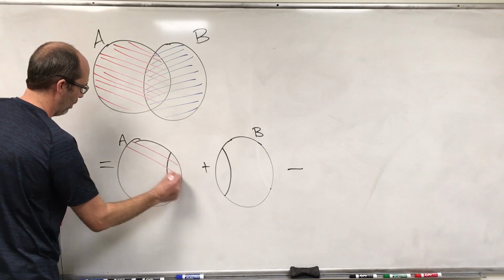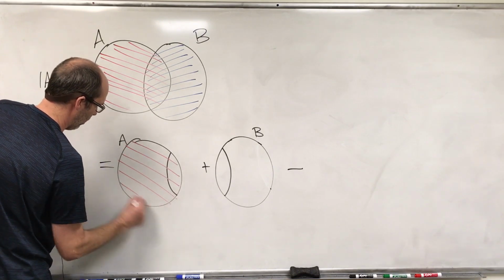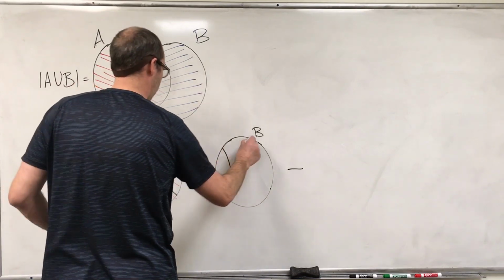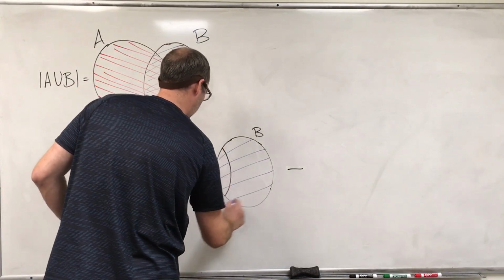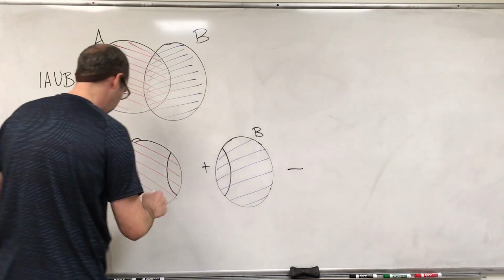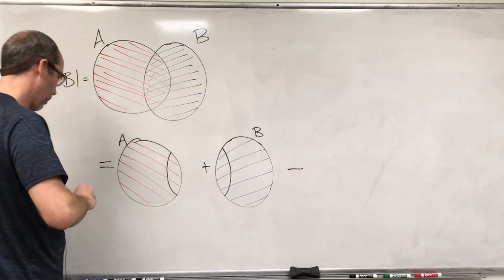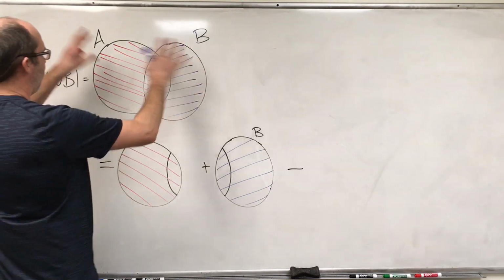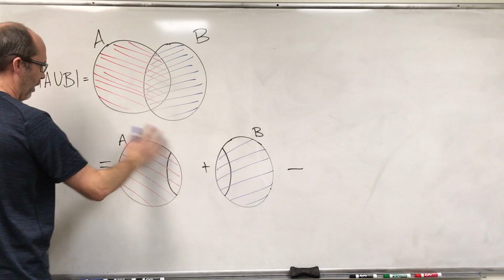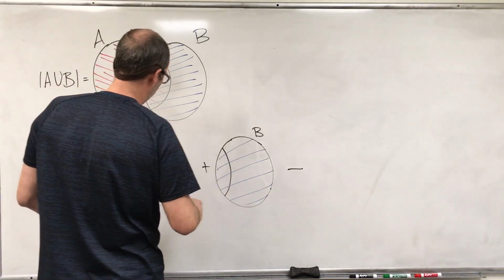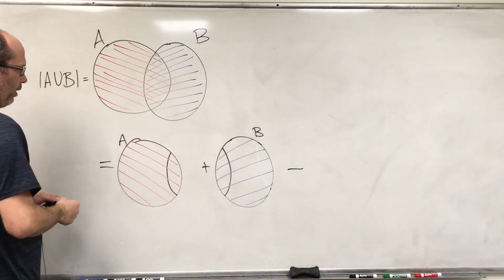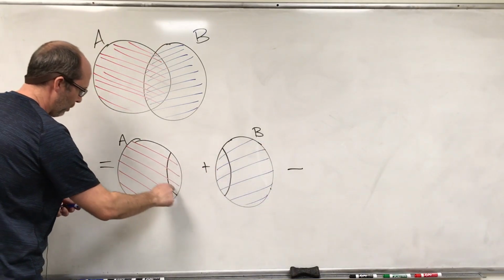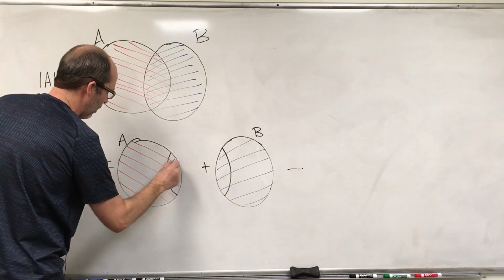How much space do we have here? We have all this space. If we were to count all this space and all this space, we'd be counting this part right here twice.